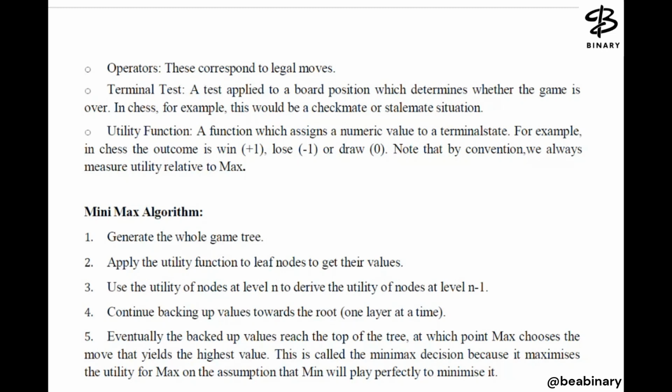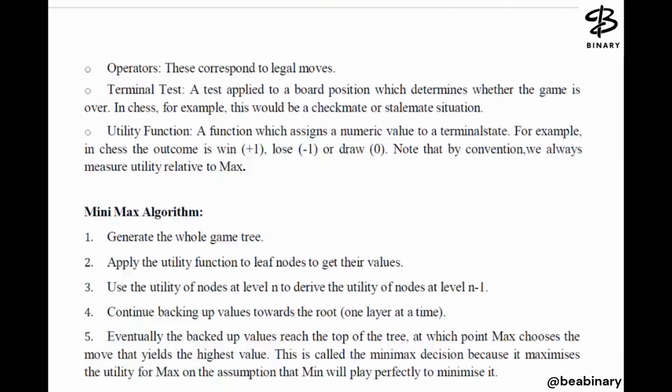So first, the initial state of the game is the initial state of the board and whose turn it is. Another step is the operators, which correspond to the legal moves the player can make, and the terminal test, which checks whether the game is over or still in progress.